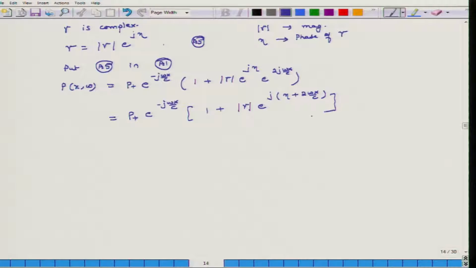Okay. So, I reorganize this last relation and I write it as P(x, omega) divided by P plus e to the power of minus j omega x over c equals 1 plus gamma e to the power of j (eta plus 2 omega x over c).